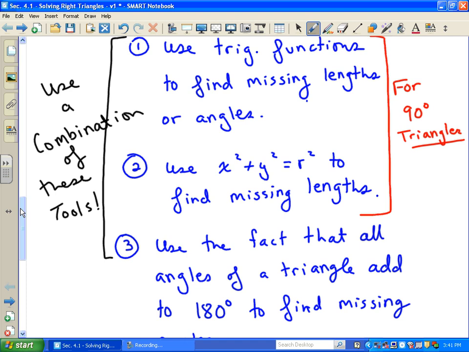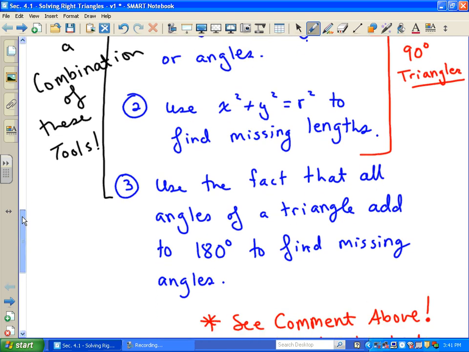In other words, let's say I found that one of my sides is 7.356 and so forth inches. I can't use the Pythagorean theorem to find my other side because the side I have found is a decimal answer. So that wouldn't be a good use of my tool since the side I found was rounded off.